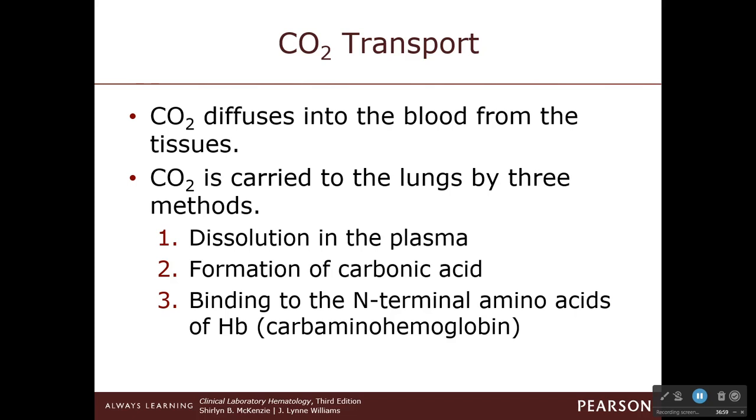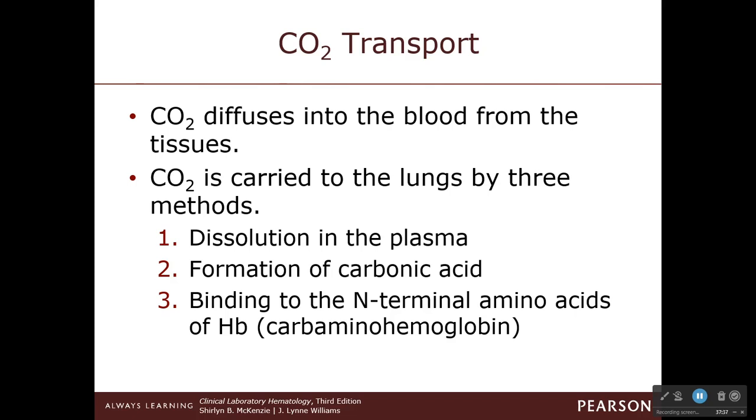We talked about how we've got arteries, arterioles, capillaries, venules, and then we've got veins. Remember that? The important thing is right there.